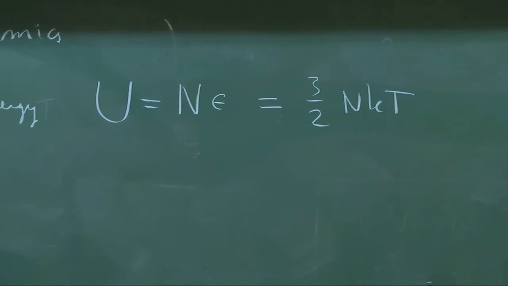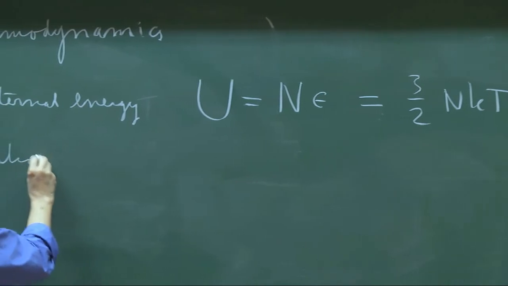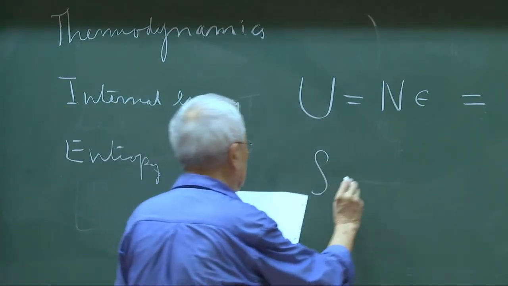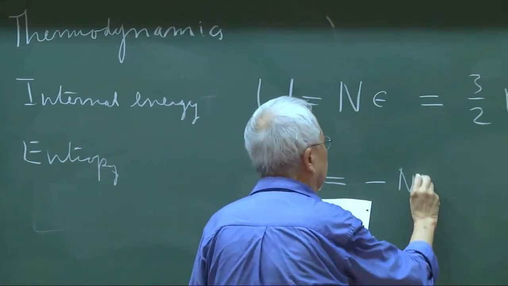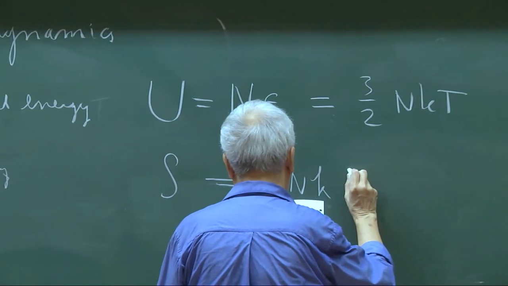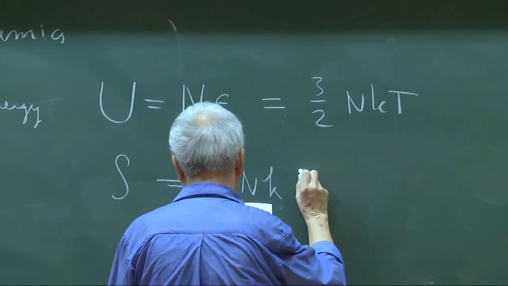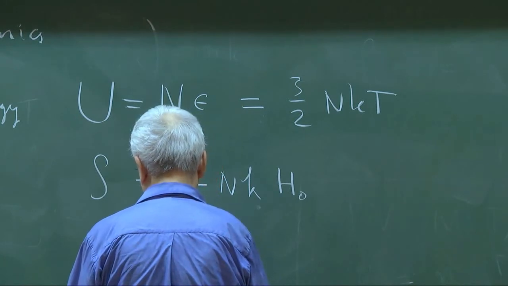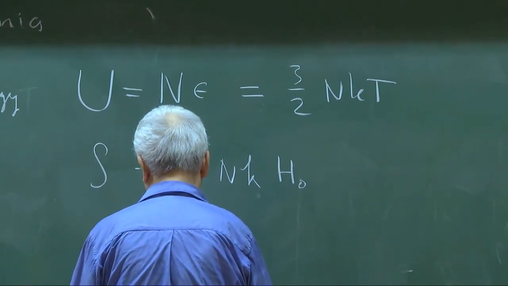And the entropy, we claim S is minus Nk, this is k, Boltzmann's constant, times H0. Right?